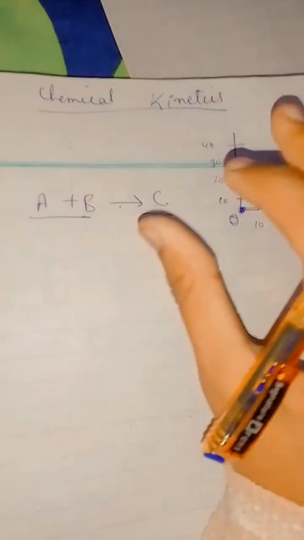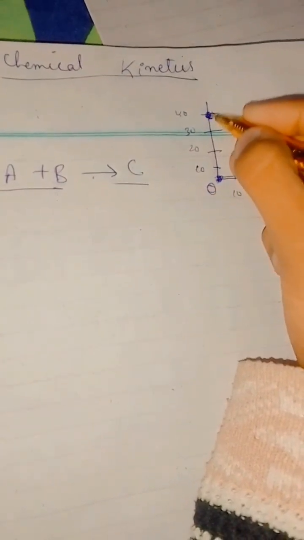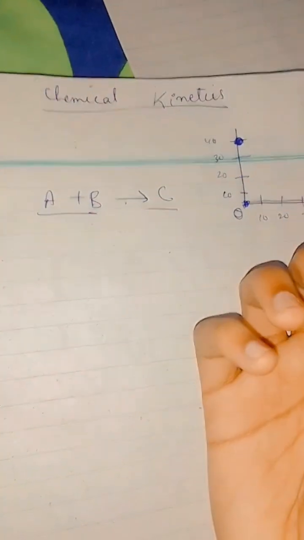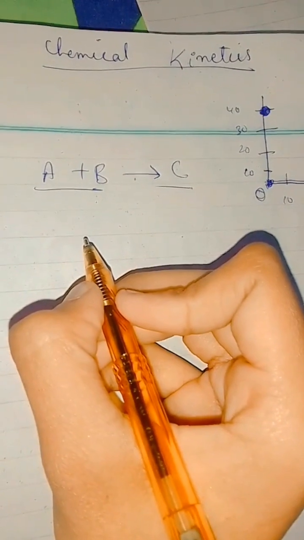For example, no reaction has started yet, so the concentration is 40. The concentration of that reactant is 40, and the time will be 0 because the reaction has not started, so there will be no time consumed.